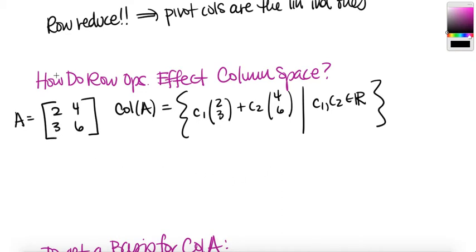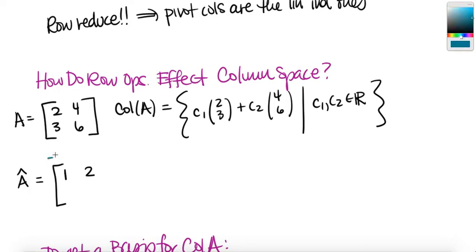All right, but if we were to row reduce this, and let's call it A hat, we could divide the first row by 2 and get 1, 2, and then we could use that 1 to clear out the 3. Let's think about that for just a minute.